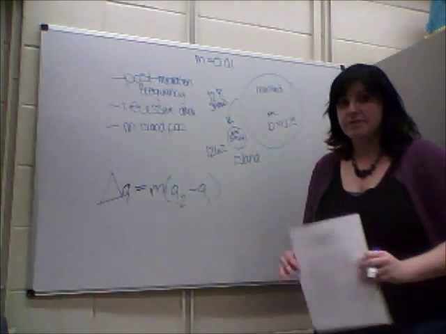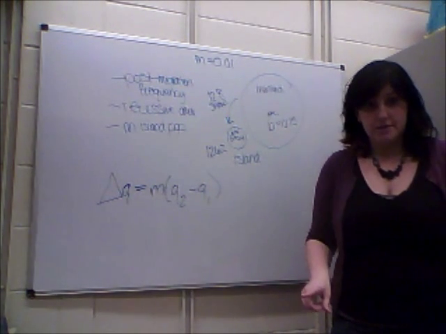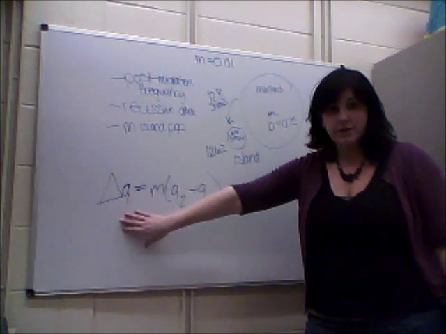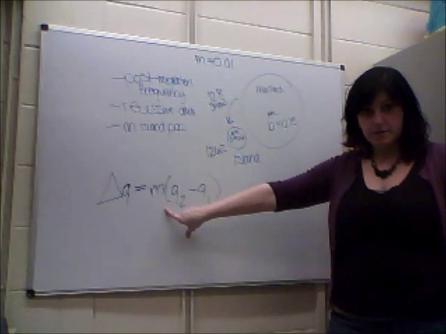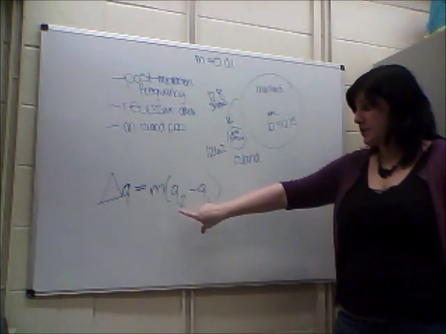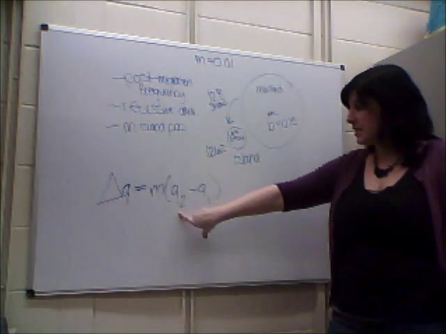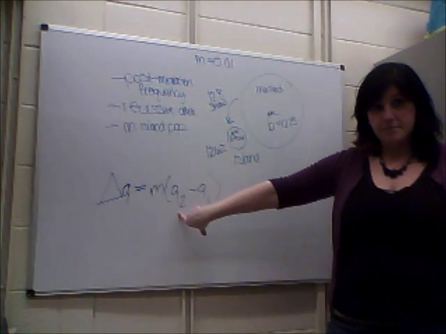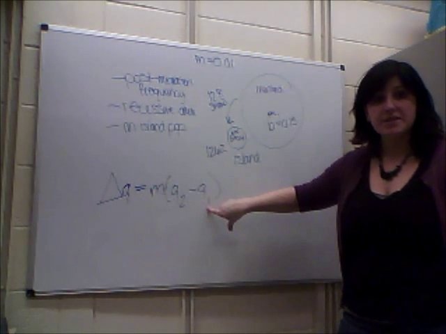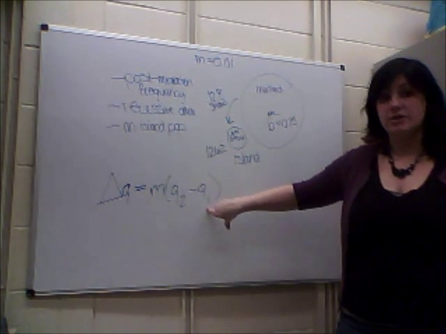So here's our equation to find the change in allele frequency. Delta q, so the change in allele frequency, is equal to the migration rate times the allele frequency of the population the migrants are coming from, minus the allele frequency of the population the migrants are going to.